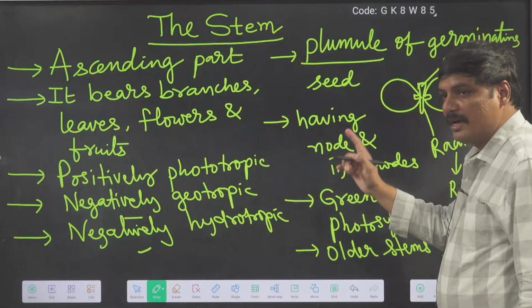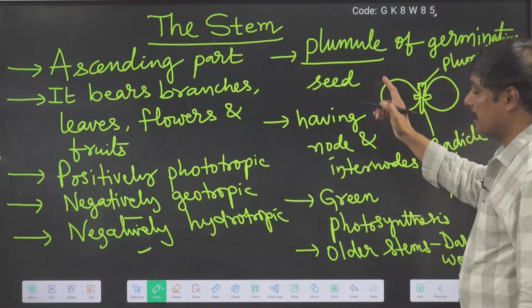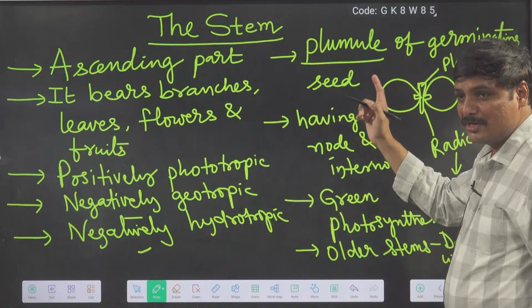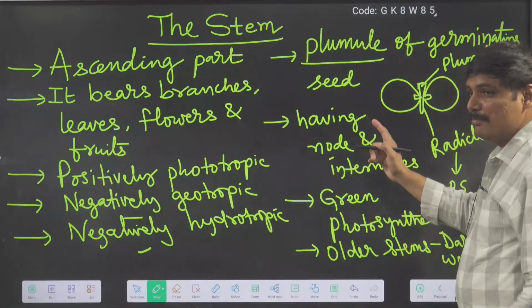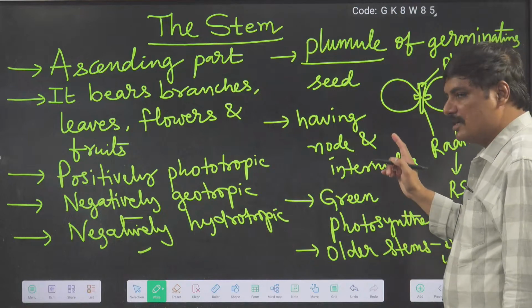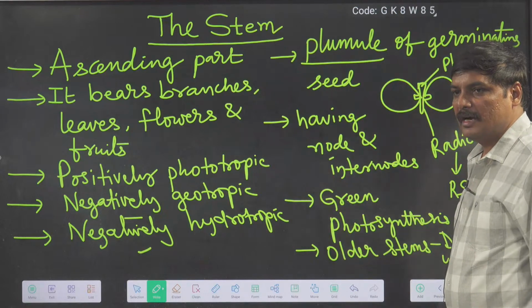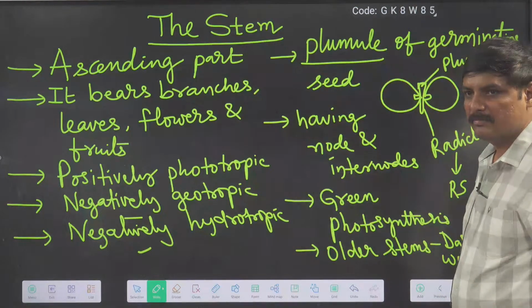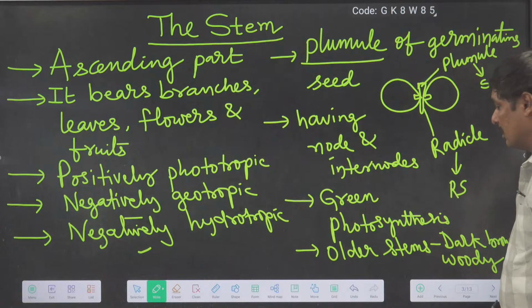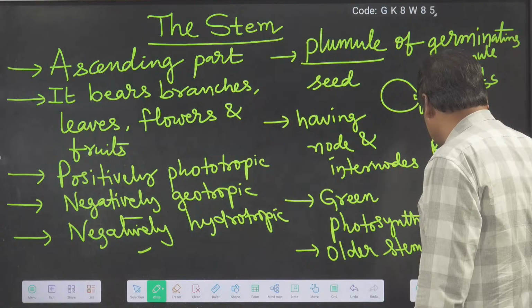Stem is negatively hydrotropic. Stem develops from plumule of the embryonal axis during seed germination. And stem is divisible into nodes and internodes. And young stems are generally green in color and help in photosynthesis, and older stems are dark brown and they become woody.